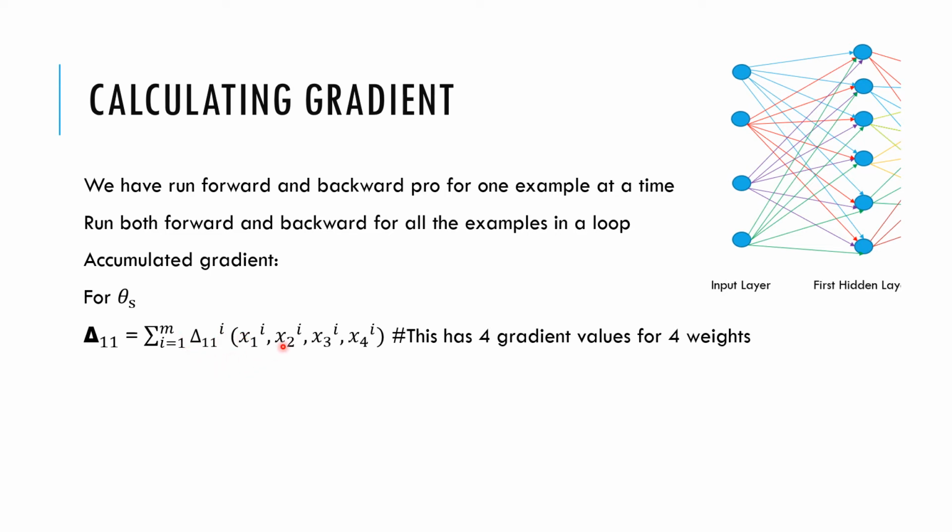These are four different operations: this into this is the first, this into this is the second, this into this is the third, and this into this is the fourth.